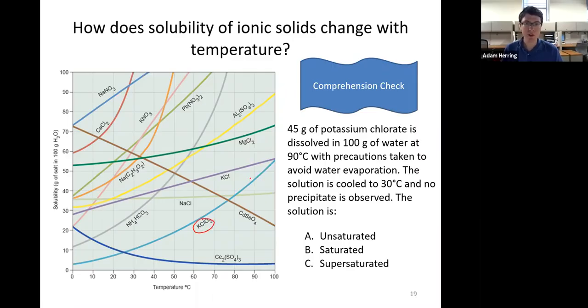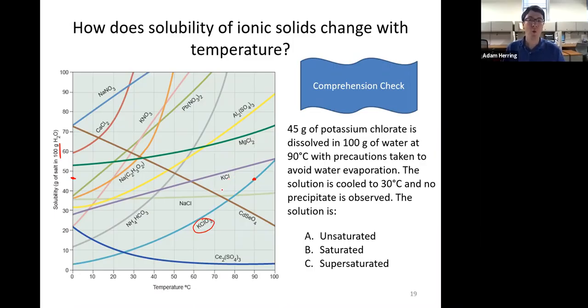At 90 degrees, we can see that the solubility looks like just above 45, maybe 46, 47 grams per 100 grams of water. So when we initially dissolve at 90 degrees centigrade, we have an unsaturated solution.